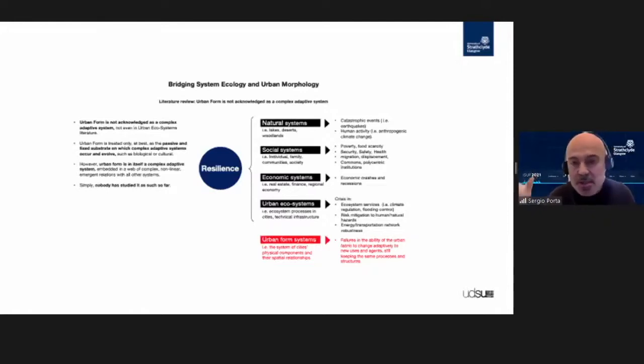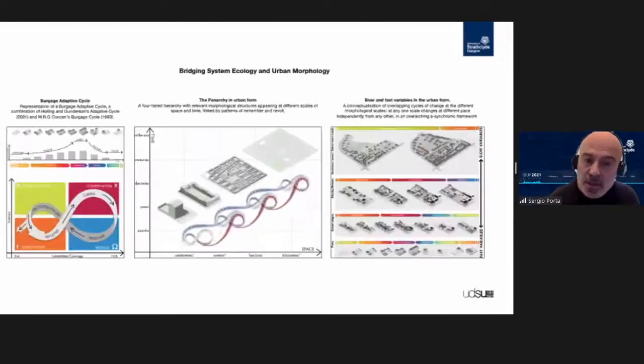Natural system, social system, economical system, but nobody focuses on the way the physical reality of cities change, and actually it does. It changes all the time.